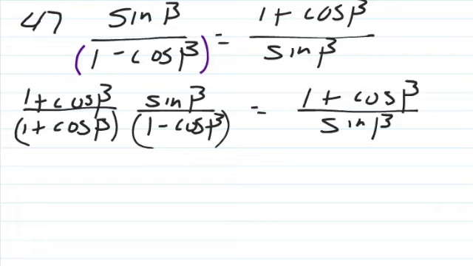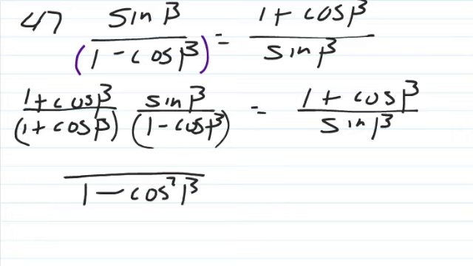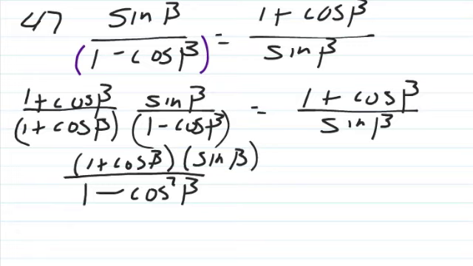Now, you should recognize at this point that 1 plus cosine beta times 1 minus cosine of beta is going to be 1 minus cosine squared beta. Let's leave the numerator undistributed, so let's not do anything with it yet, because it may come in handy that way.